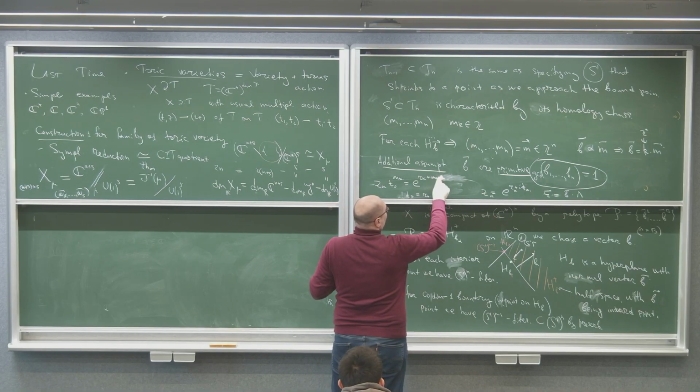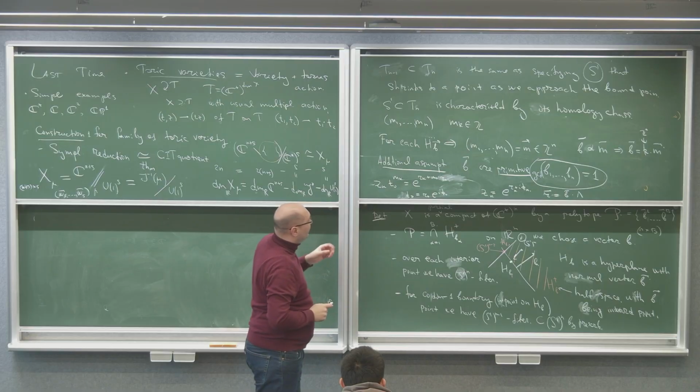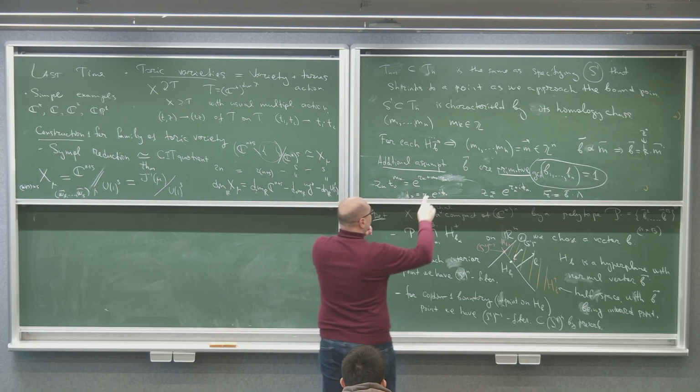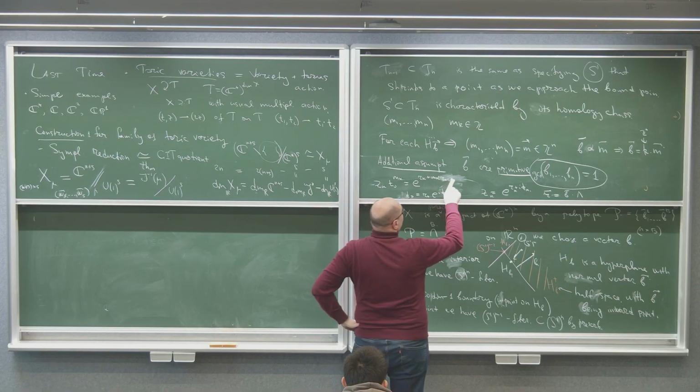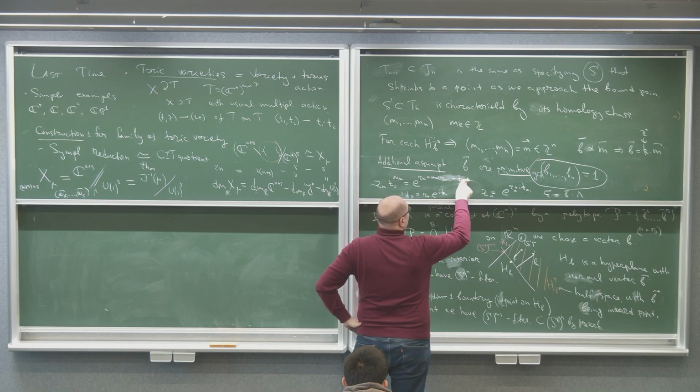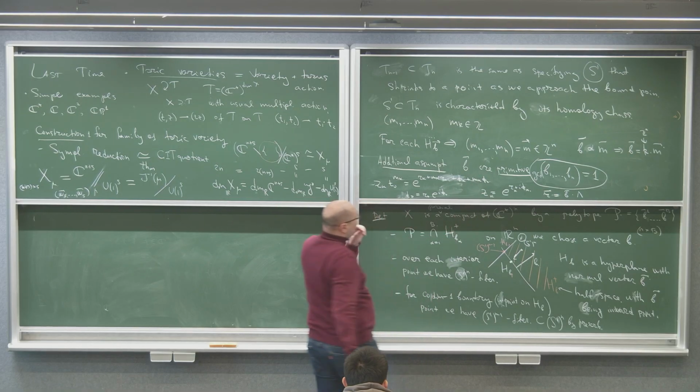So then it will be mk r naught. That is shifting rk by mk. And here we have phi k, and we are shifting it by mk phi.